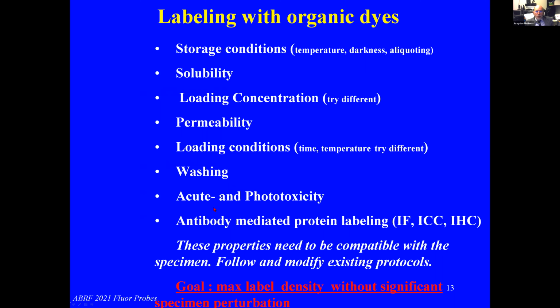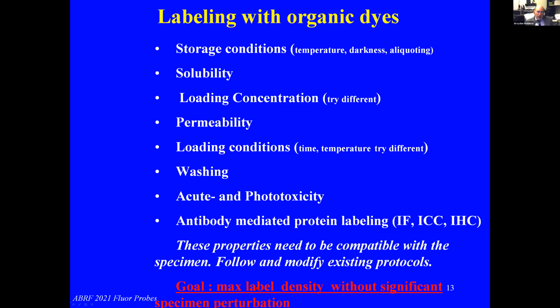Also, we may take advantage of antibody-mediated protein labeling. There are several protocols. These properties of the probes, of course, need to be compatible with the specimen, so please follow and modify as needed existing protocols.